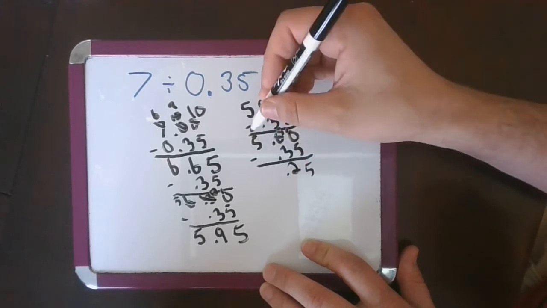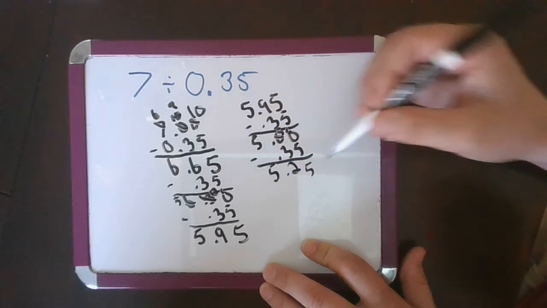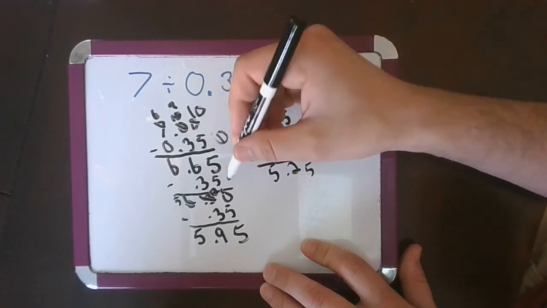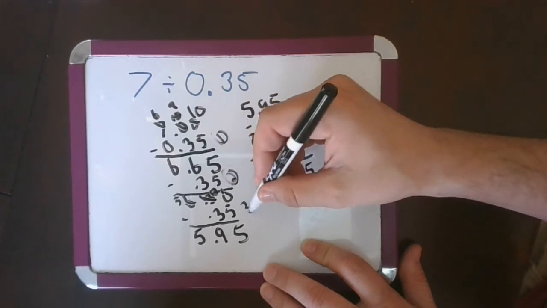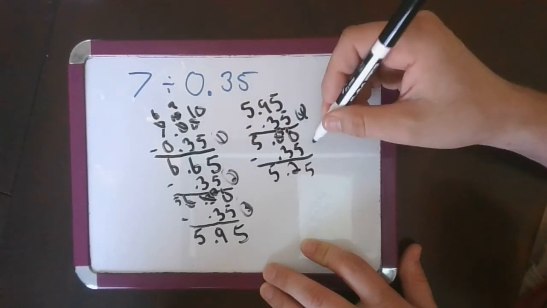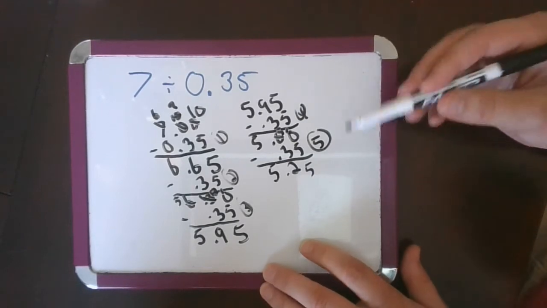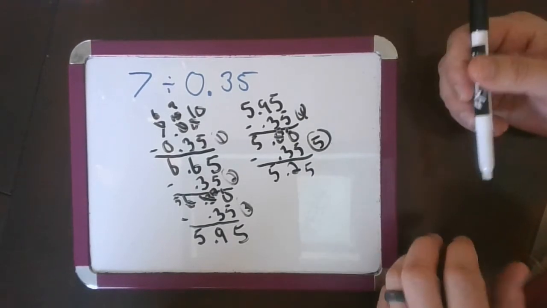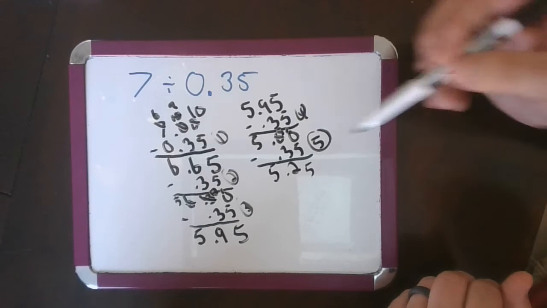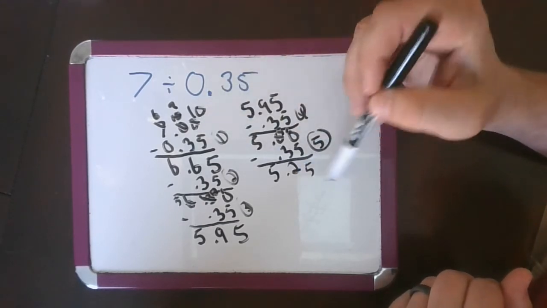So, will this strategy work? Sure. But if you take a look, I've already done it once, twice, 3 times, 4 times, 5 times. I've already taken away 5 groups of 3,500ths, and looking at it, I'm not even halfway done.